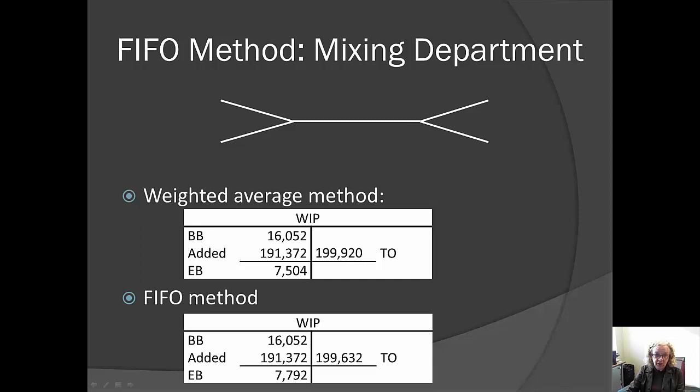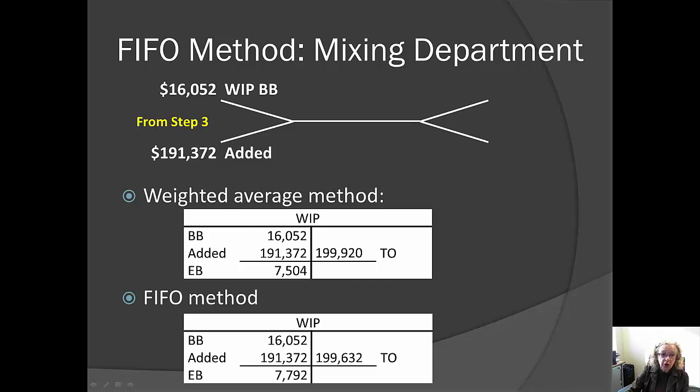Now, let's use our fishbone diagram to take a look at what happened to all of our costs. We started out with a little over $16,000 of materials and conversion costs already in our work in process beginning balance, and we know this from step 3. During the period, we added another $191,372 of new costs.